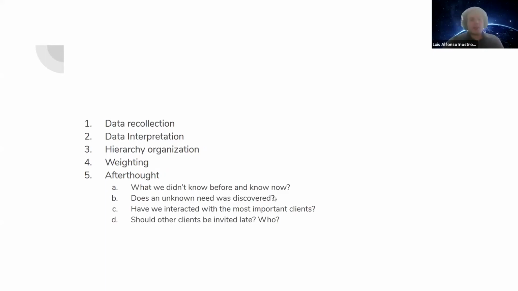And after that, an afterthought. Did we get all the information that we can from these interviews? Did we make them in the correct way? This is important because if we continue without making this afterthought, we may carry around some errors that will make more difficult the process later.